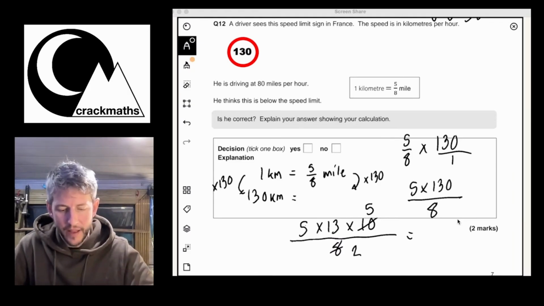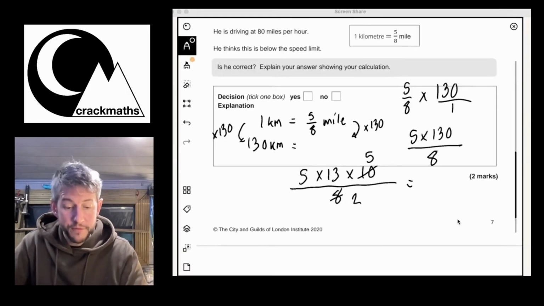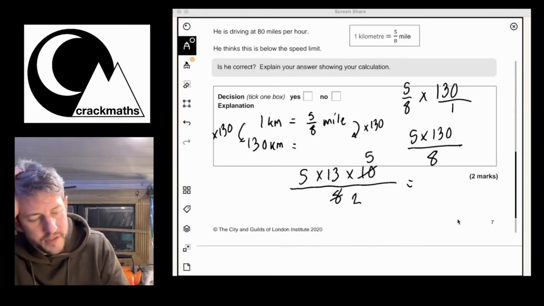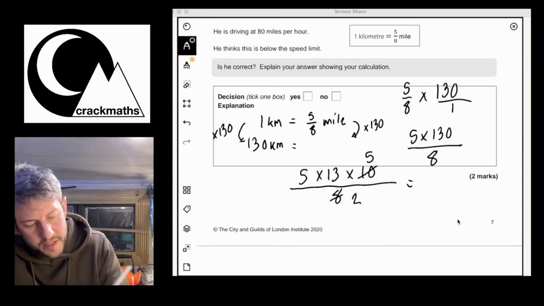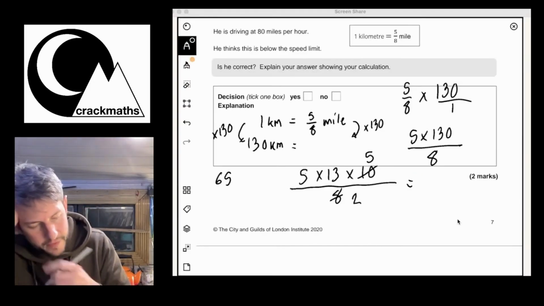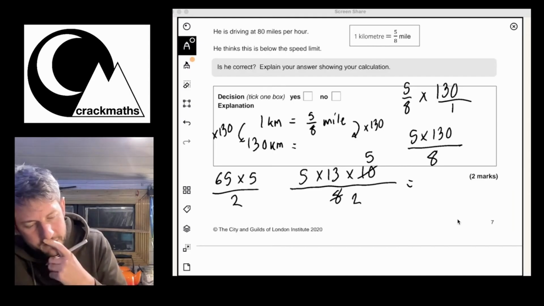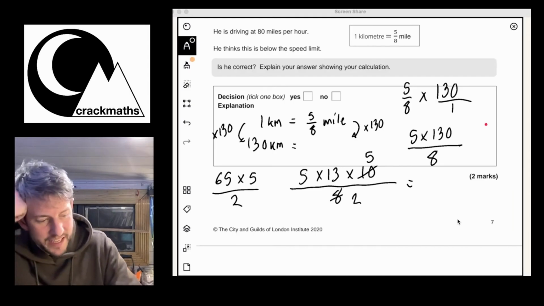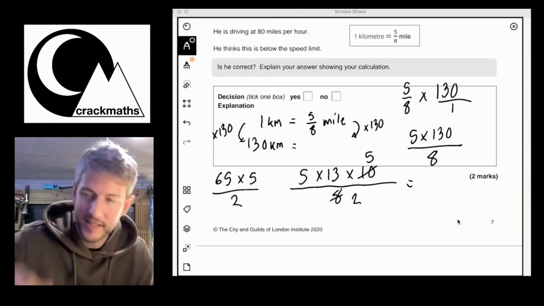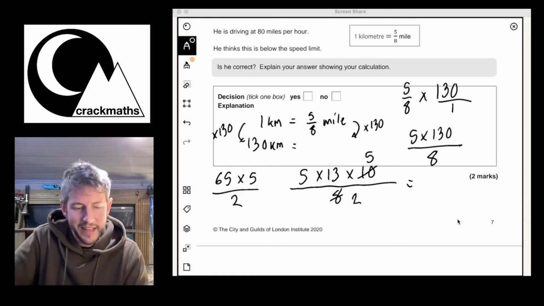So let's work out that top bit. I think I'll do the 5 times 13 first. 5 times 13 is 65. 65 times 5, all divided by 2. Oh, this just isn't a nice calculation, I'm afraid, but it is 2 marks. So let's look at it like this.